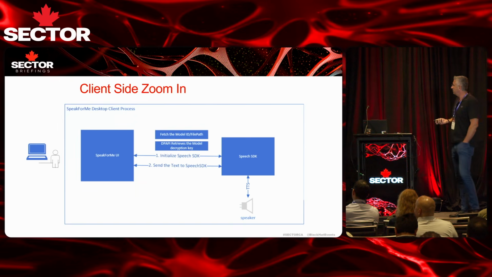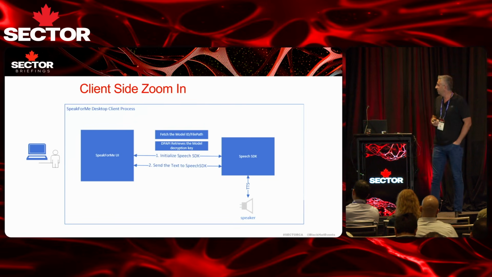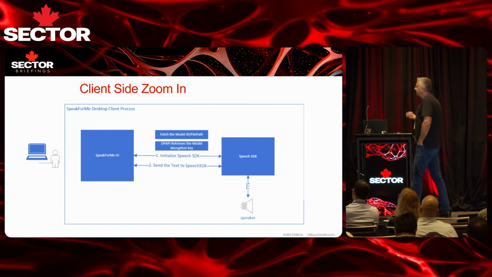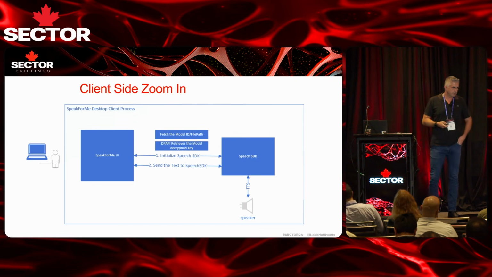And Speak For Me was supposed to extend this SDK with custom voice models. The model is downloaded and stored on the device in an encrypted form. And the encryption key is encrypted on its own by the DPAPI Windows crypto library and also stored in encrypted form on the device.